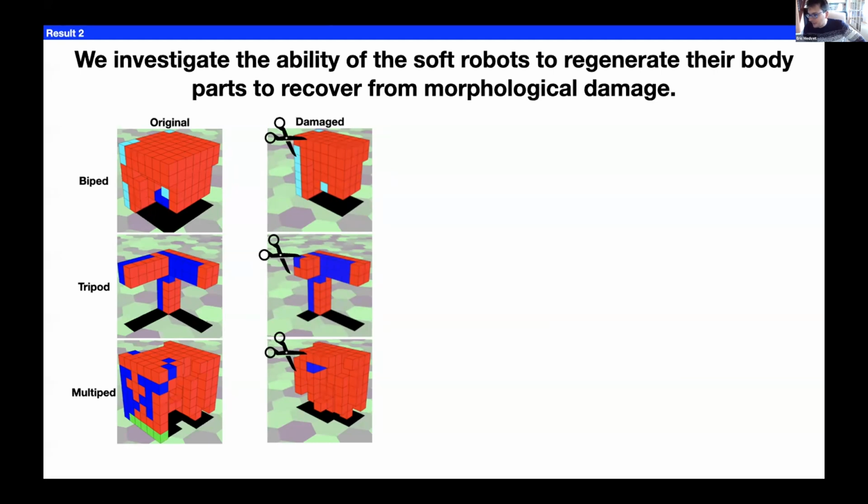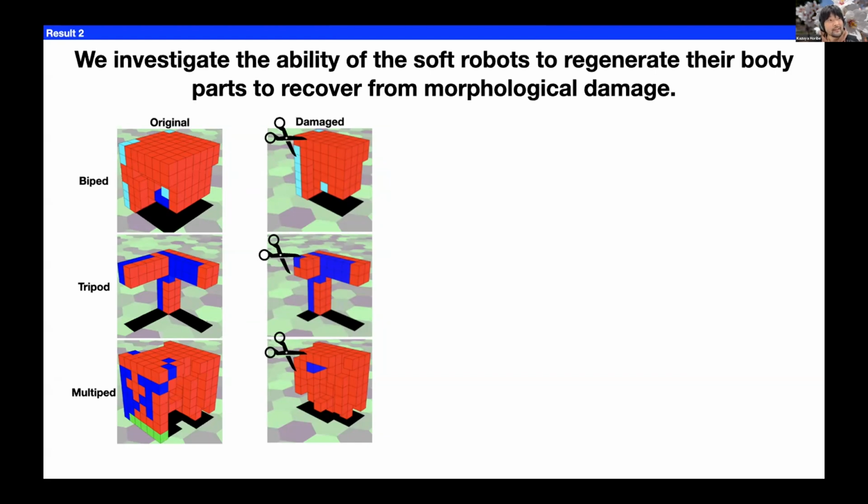Probably depending on the representation, this could be more or less effective. Yeah, that's a good question. In the simulation, I think the soft robot can regenerate from any cutting because there is no centralized brain.